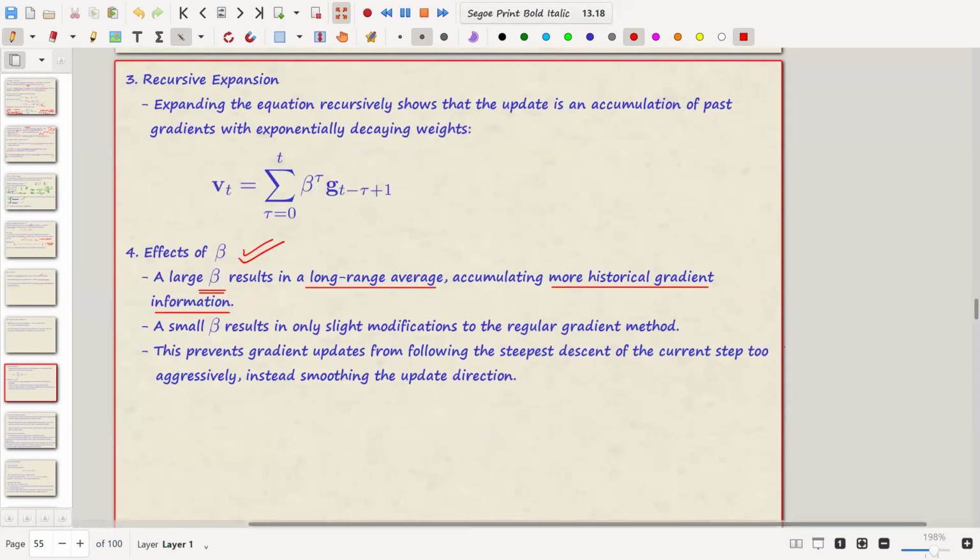That means if you increase your beta value, you are giving reference to the past or historical gradients. A small beta will result in a slight modification to the regular gradient method. But if you increase the beta, it will give a good momentum in addition to the original gradient. This prevents gradient updates from following the steepest descent of the current step too aggressively, instead smoothing out the update direction.